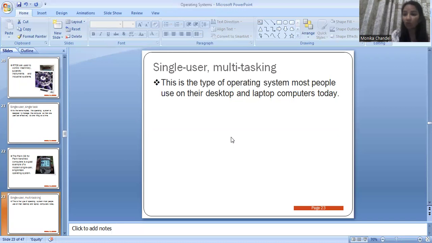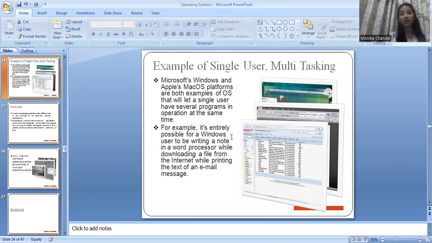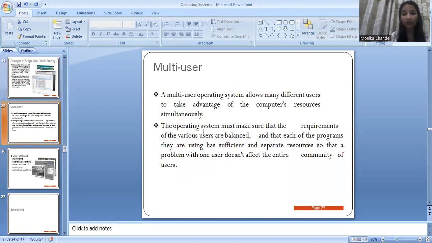We can play audio and video at a single time. So multiple programs can be run by a single operating system, because in our mobile phones only one operating system is installed, whether it is iOS, Windows, Linux or Unix. Examples of single user multitasking are Microsoft Windows and Apple Mac, which are examples of operating systems.